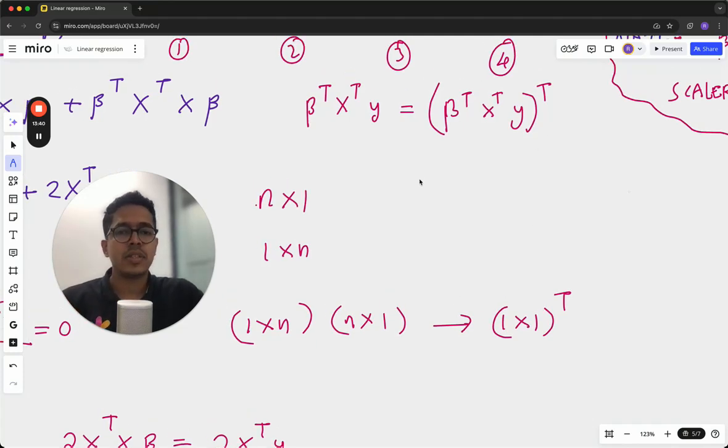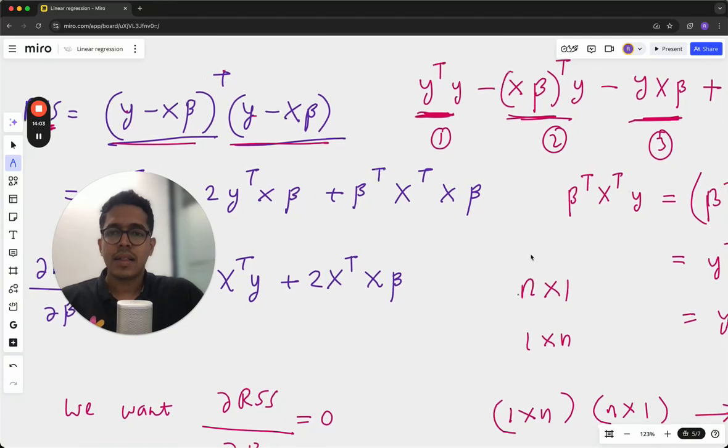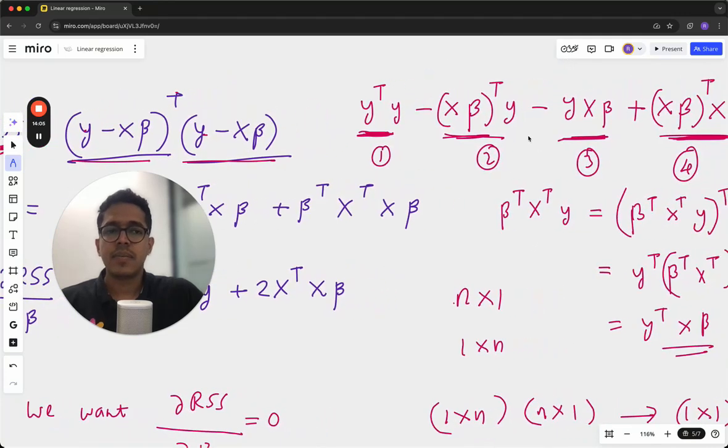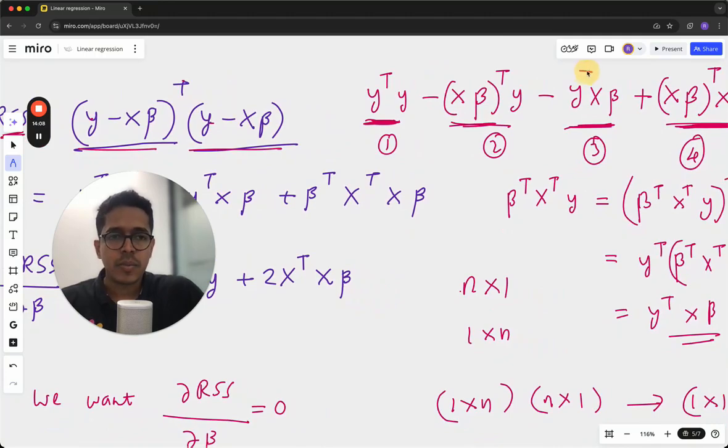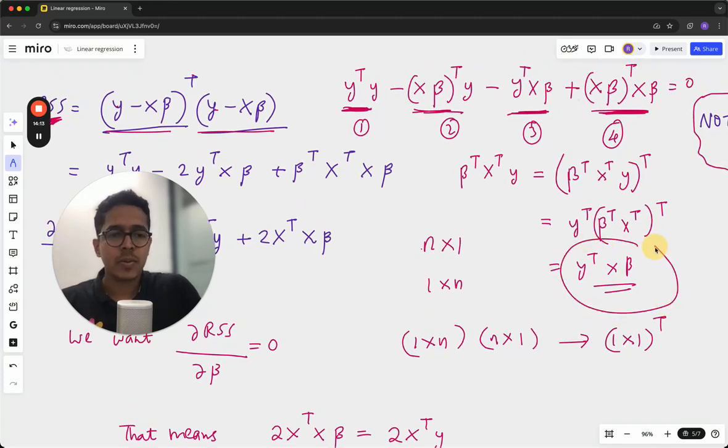So adding a transpose is not going to change it. Now what is this? This will be y transpose times (beta transpose x transpose) the whole transpose, and this will be y transpose x beta. So term 2 is y transpose x beta. I think I am missing a y transpose term here. Yeah, so there is a transpose missing here. So now overall, term 2 will be y transpose x beta. Term 3 is also y transpose x beta.